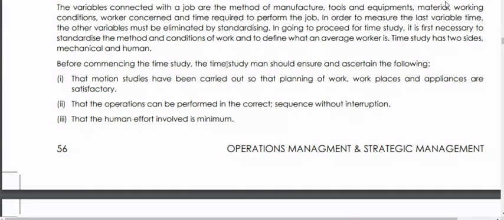So you see, the time study should ensure that planning of the work and the operations performed are in sequence, and the human effort which is involved is minimum. Minimum human effort means what?